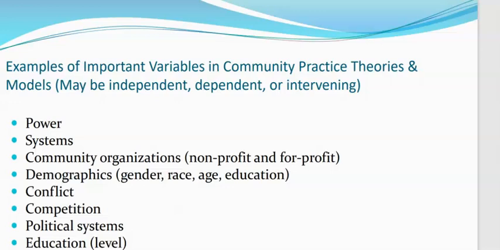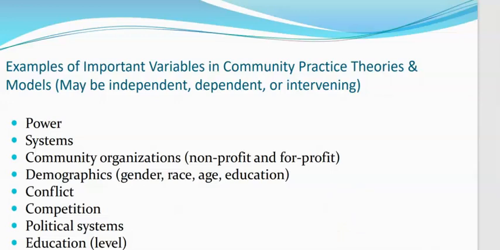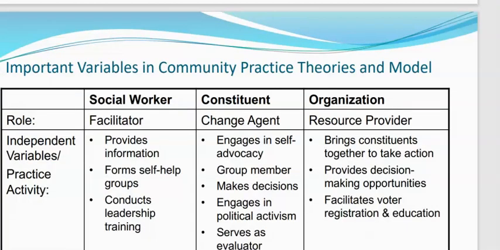Examples of important variables in community practice theories and models, which could be independent, dependent, or intervening variables, include power, systems, community organizations, both nonprofit and for-profit, demographics, conflict, competition, political systems, educational level, community leadership, quality of educational systems, level of empowerment, resources, social capital, and knowledge.